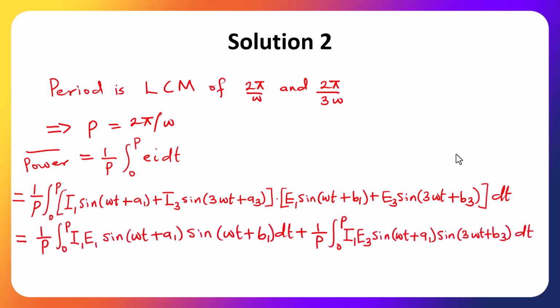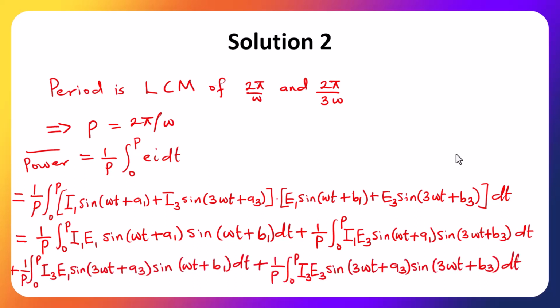And this is equal to 1 over P integral from 0 to P of I1 E1 sine omega t plus A1 sine omega t plus B1 dt, plus 1 over P integral from 0 to P of I1 E3 sine omega t plus A1 sine 3 omega t plus B3 dt, plus 1 over P integral from 0 to P of I3 E1 sine 3 omega t plus A3 sine omega t plus B1 dt, plus 1 over P integral from 0 to P of I3 E3 sine 3 omega t plus A3 sine 3 omega t plus B3 dt.